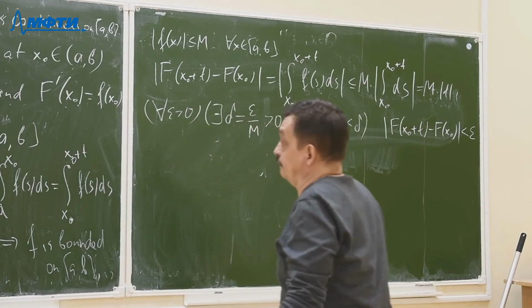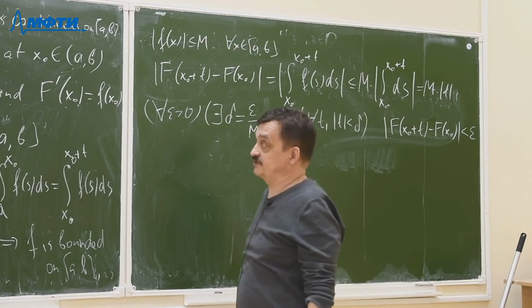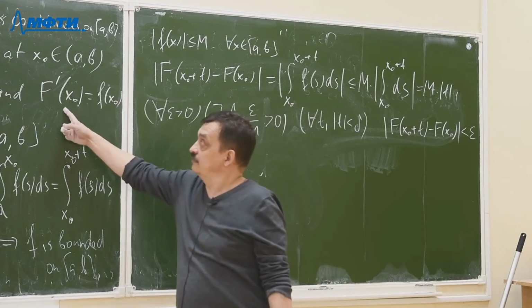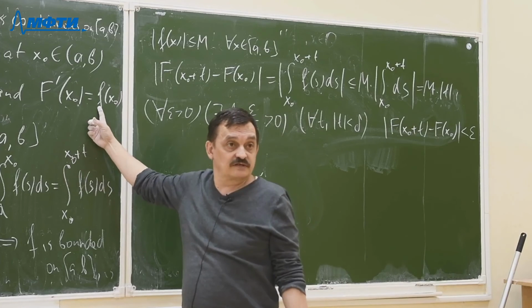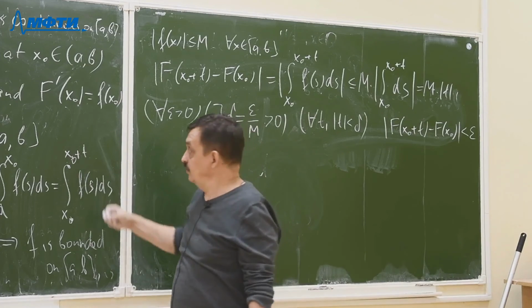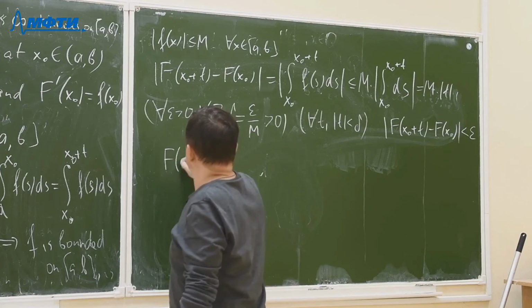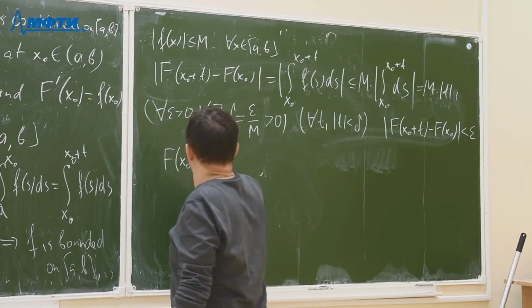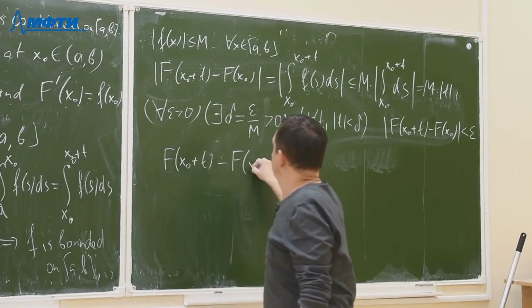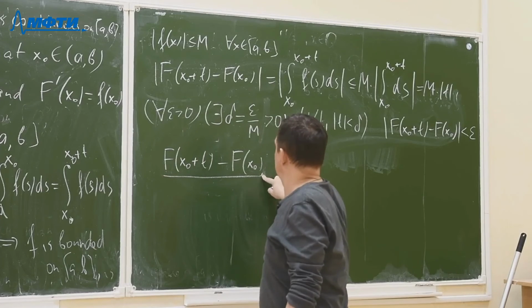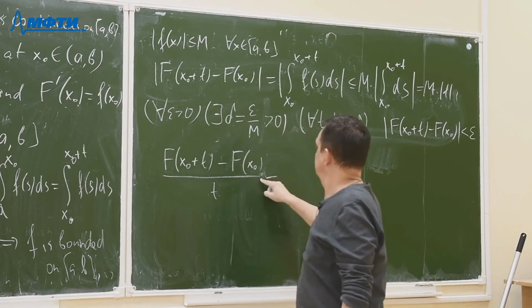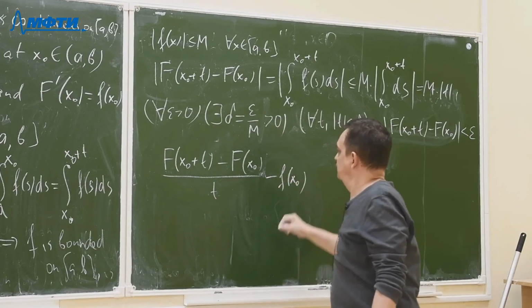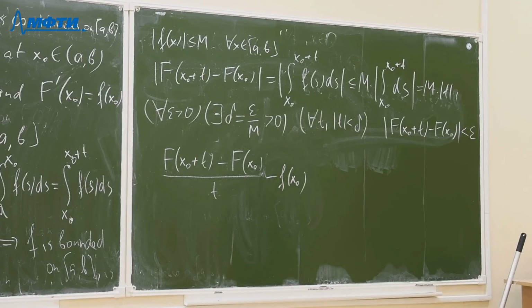For the second part, look what we have. We should prove that F is differentiable, and we should prove this equality simultaneously. What does it mean? It means that we should consider the following limit. I want to prove this tends to 0 as t tends to 0. Why?